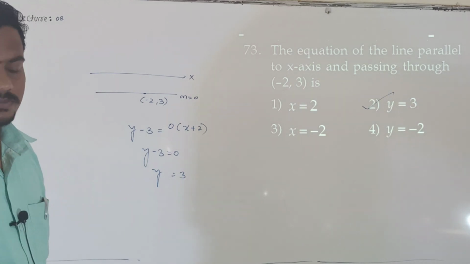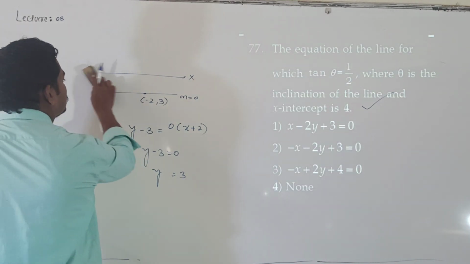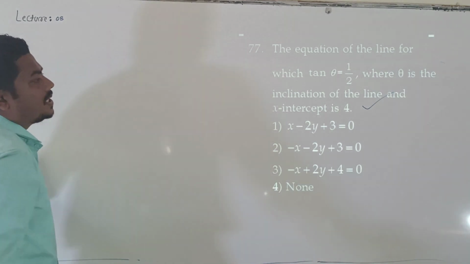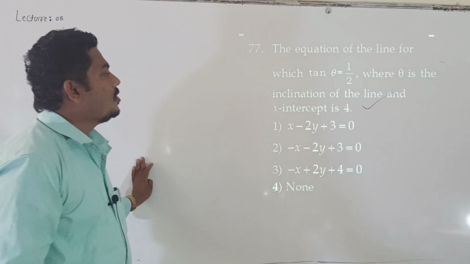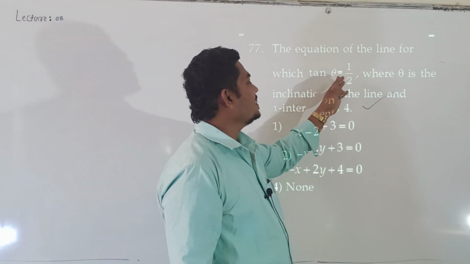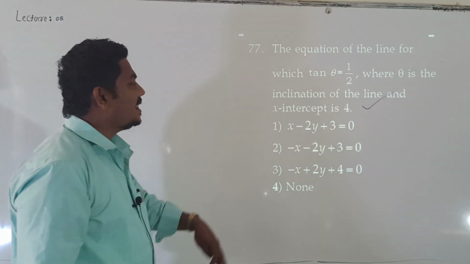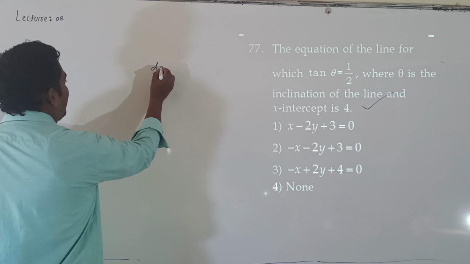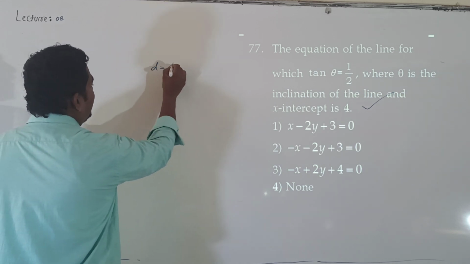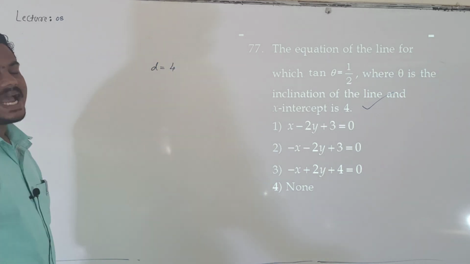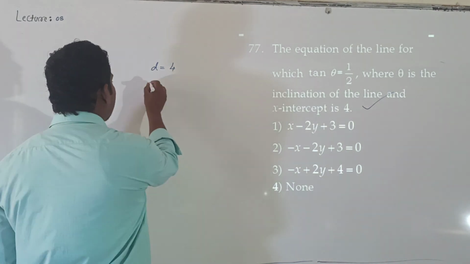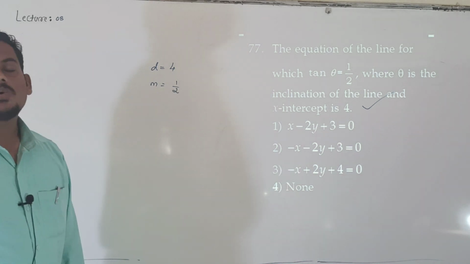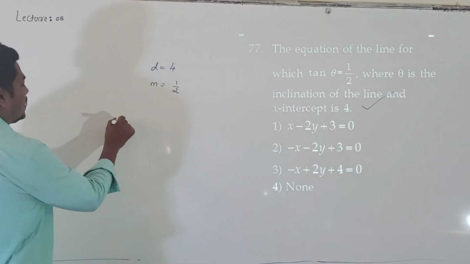Next question. Equation of the line for which tan theta is 1/2, where theta is the inclination of the line, and x-intercept. Standard notation for x-intercept is small d. Small d is equal to 4. Here theta is the inclination, which means indirectly tan theta is nothing but the slope only. Slope 1/2, x-intercept 4.